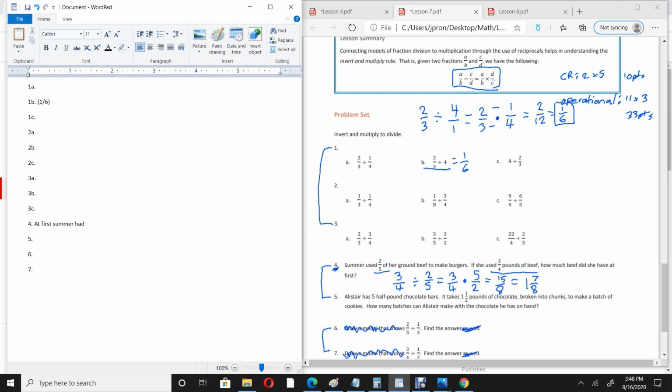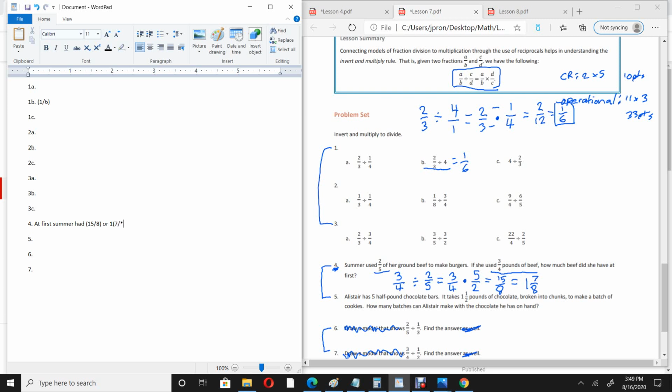And then I can put my answer, which I'll put in parentheses, 15/8 as the fraction, or, I'll write this as a mixed number so you can see how I want you to write it, 1 and 7/8.